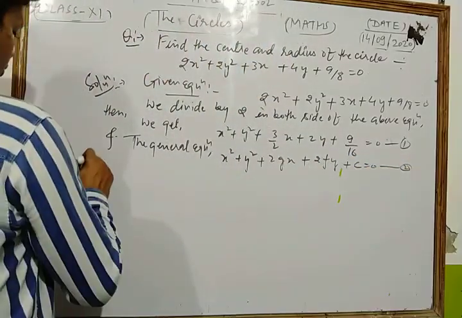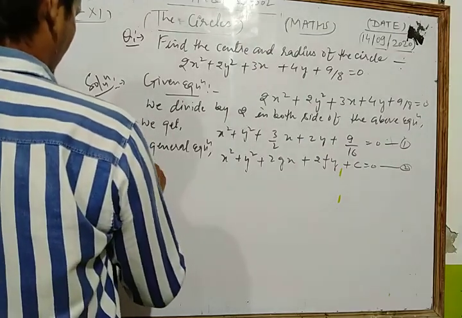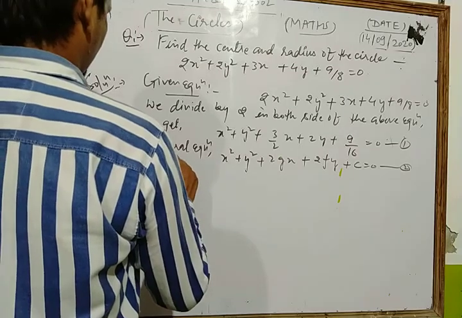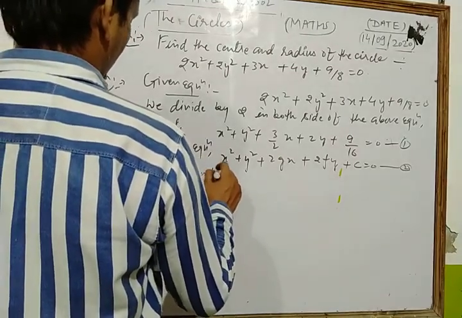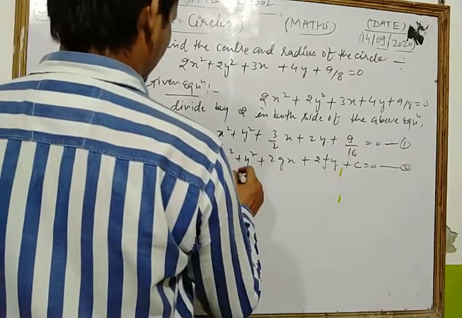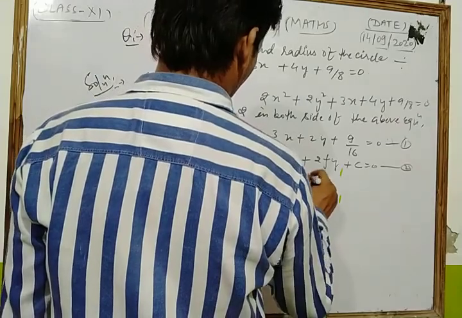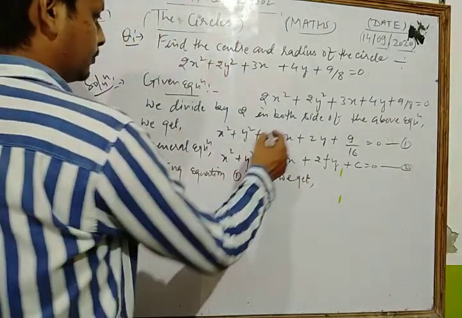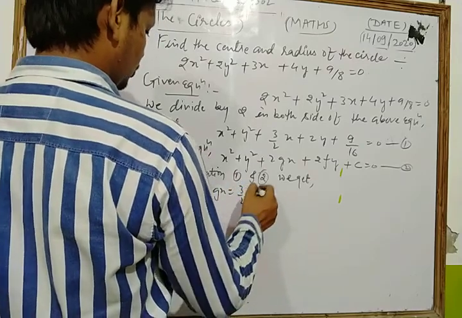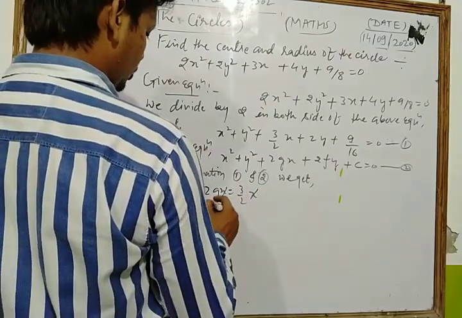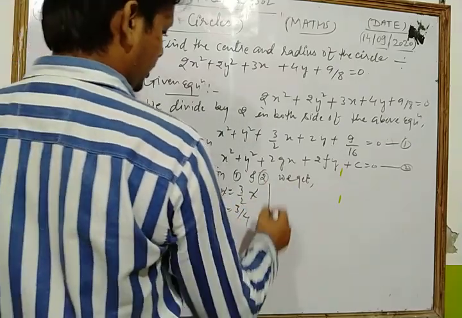Now on comparing equations 1 and 2, we get 2gx equal to 3/2 x. So x cancels on both sides, and the value of g is 3/4.